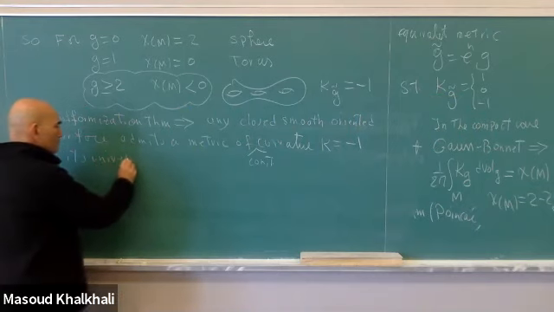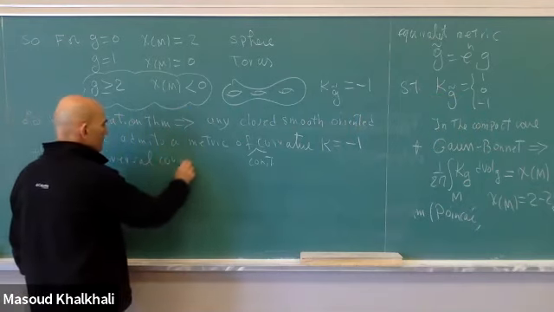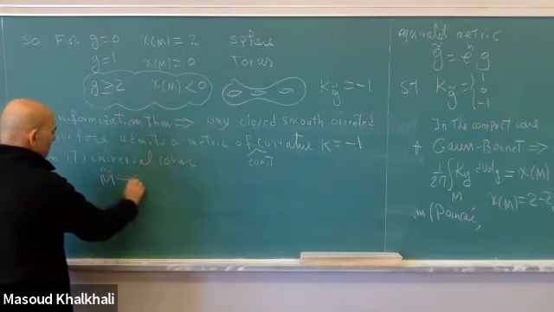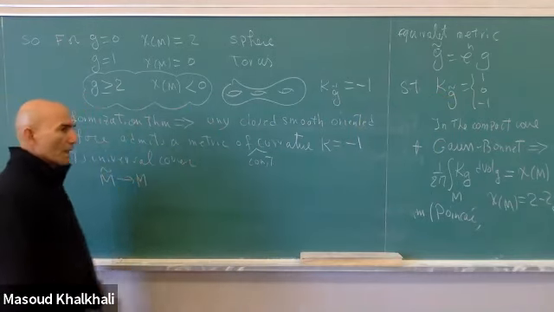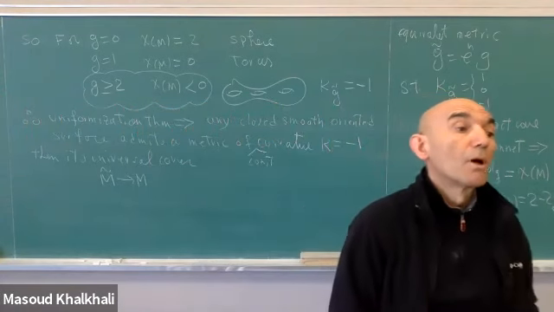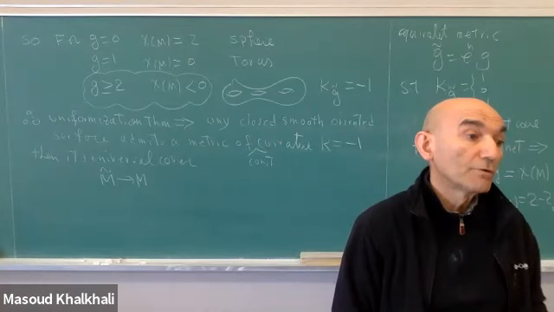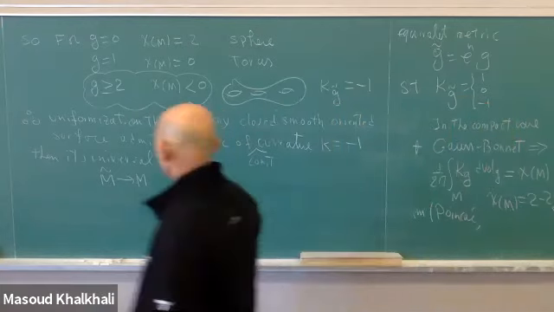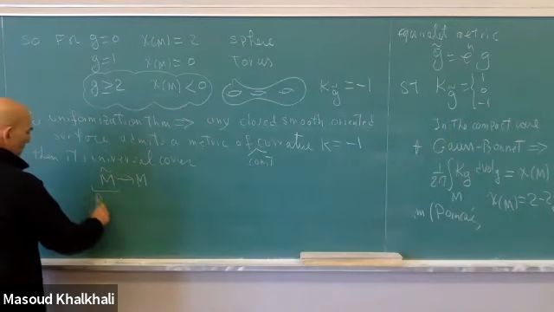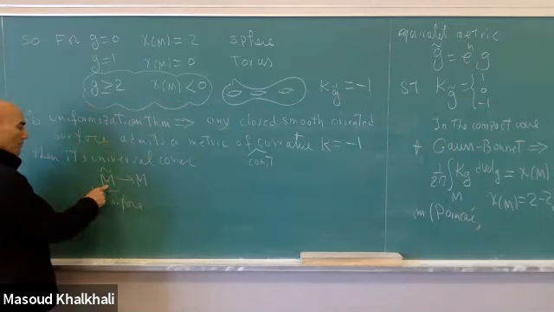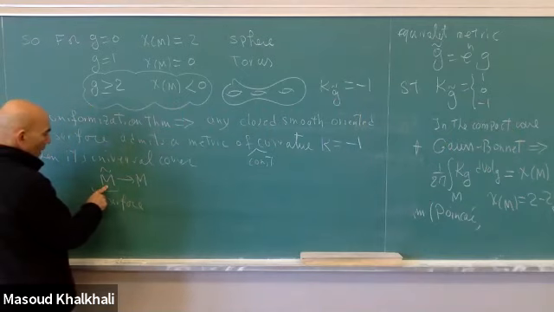If you look at the universal cover of this surface M tilde, the universal cover again is a Riemannian surface with a metric of constant curvature -1 and is simply connected, because it's a universal cover.